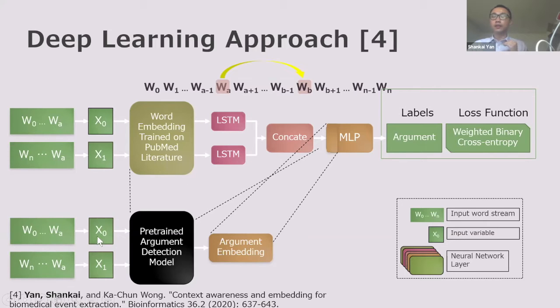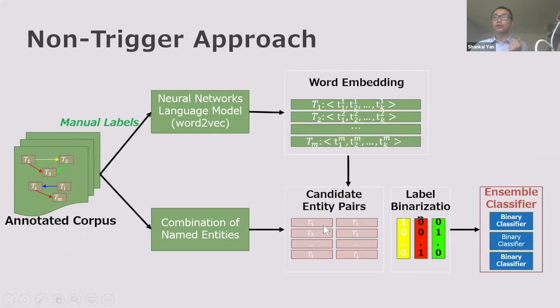In the predicting procedure, we will use the pre-trained argument detection model, and then we input the word streams around the candidate arguments, and we will have the argument embeddings. We use these argument embeddings as input into this framework to replace the entities here.